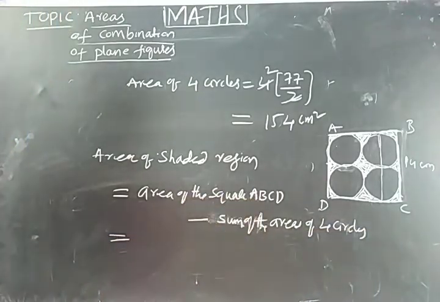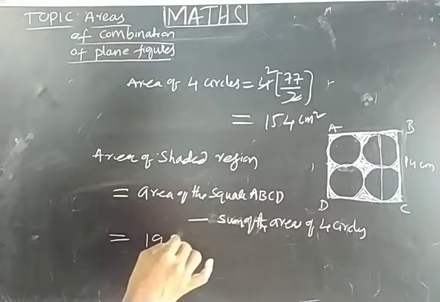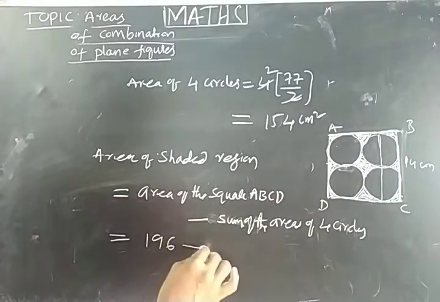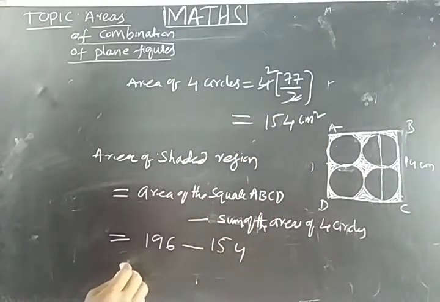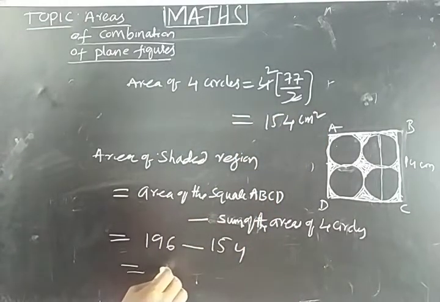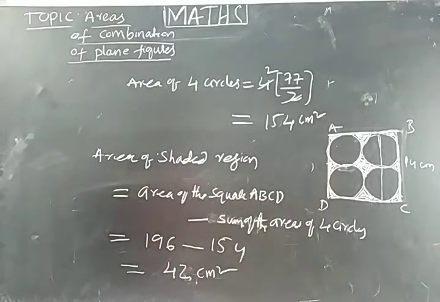We got the area of the square, 14 into 14, already we found 196 centimeter square. My sum of the 4 circles area is 154. 196 minus 154 will be 42 centimeter square, which is the required shaded region area. Okay, right.